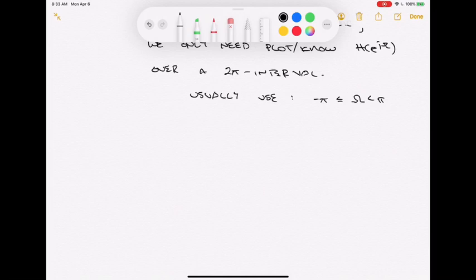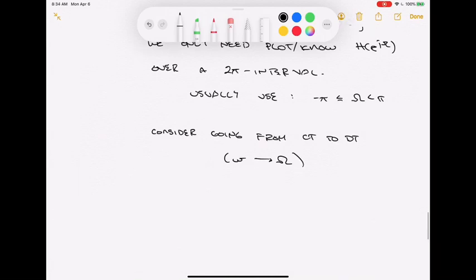Okay, so another way we can see this being connected to aliasing, or at least thinking about aliasing: consider going from continuous time to discrete time. So I'm going to take some continuous time frequency omega, and I'd like to get the digital frequency omega.